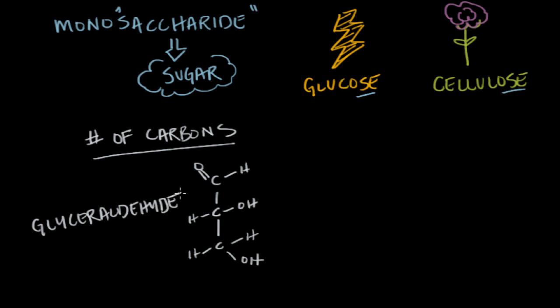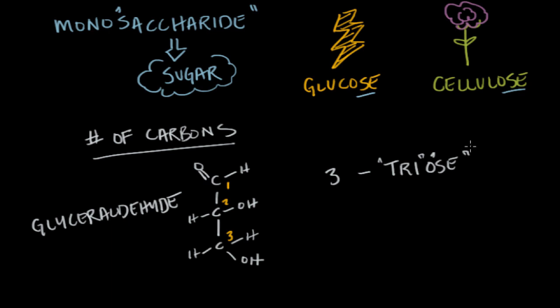If we're going to count how many carbons are in this molecule, we'll start with our functional group carbon, this carbonyl carbon up here, and we've got 1, 2, 3 carbons in glyceraldehyde. So there are 3 carbons, and for that reason we would call this a triose. Tri for 3, and again ose as our suffix for sugar.